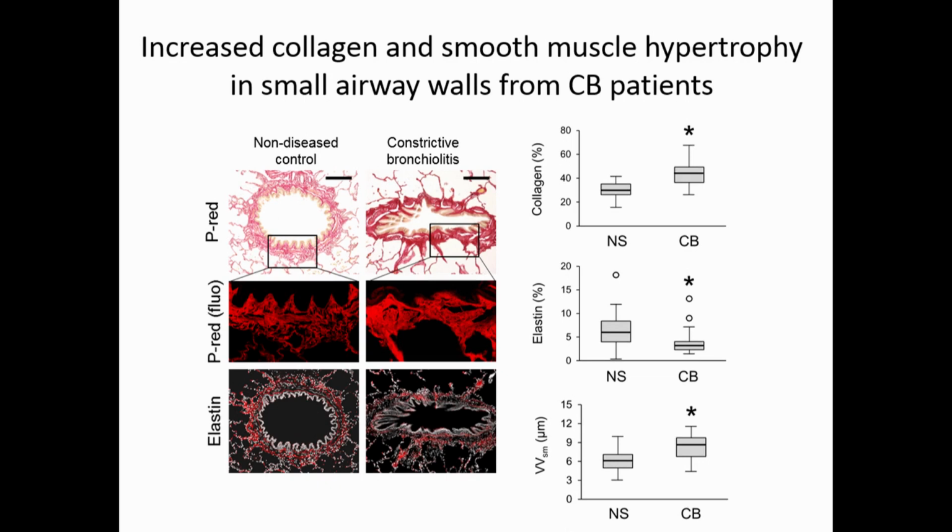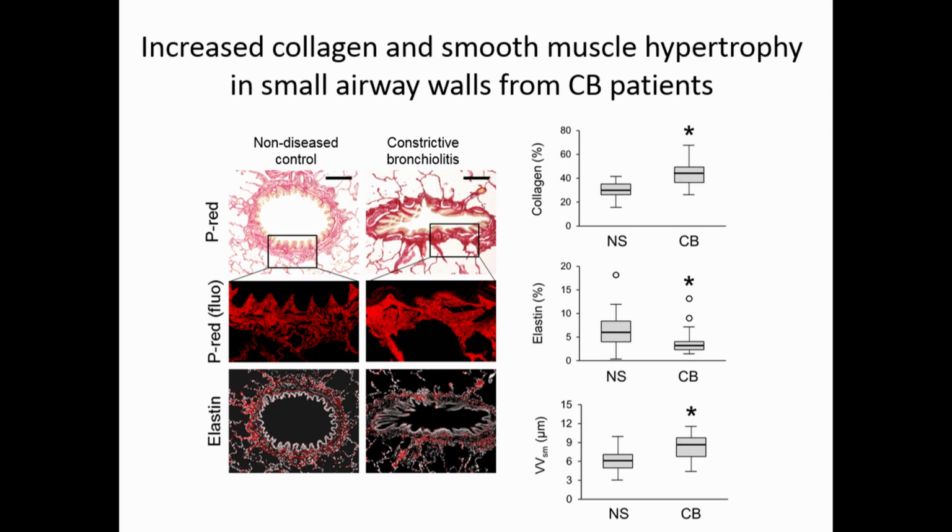So this slide shows collagen and smooth muscle evaluation as well as elastin in constrictive bronchiolitis samples. So this is picrosirius red staining here, and in the inset at the higher power you can see that there's more red here than here, and elastin actually shows the opposite, so less red here than here.